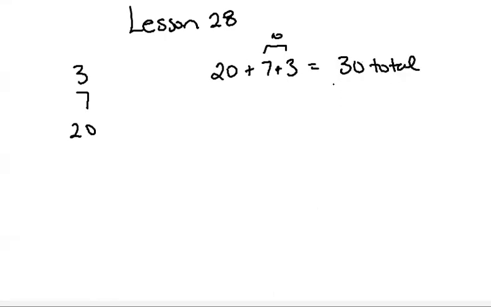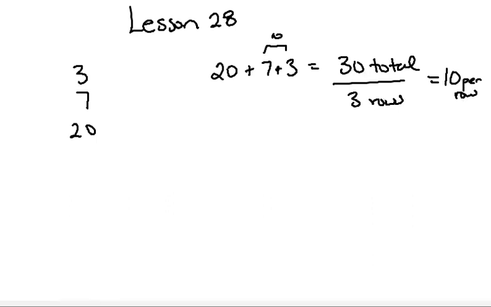Now I'm going to take the 30 total and divide by the 3 rows. 30 divided by 3 is going to be 10 per row. So there is an average of 10 people in each of the first 3 rows.